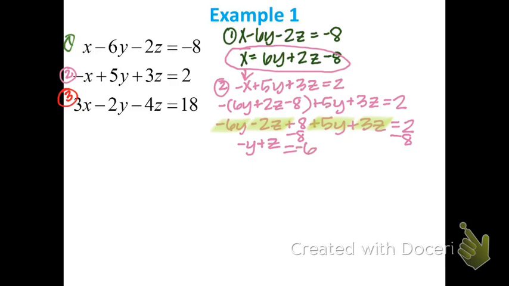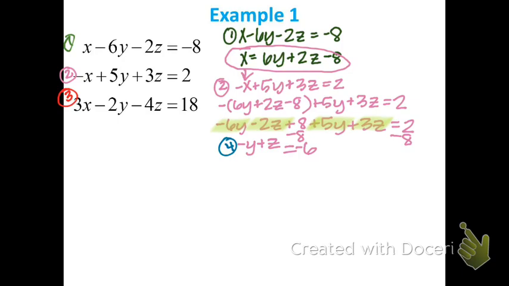So I have negative y plus z equals negative 6. Are we following along so far? Now name that equation number 4.